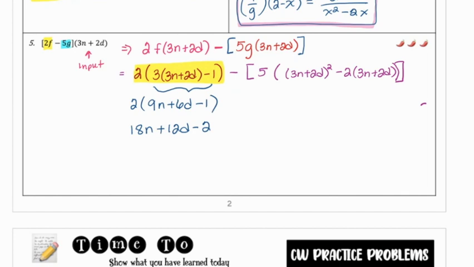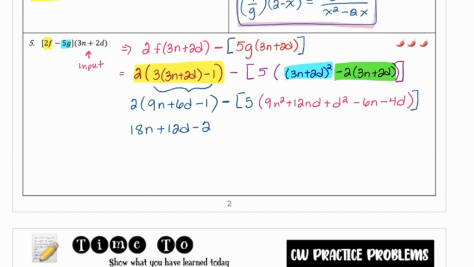Now that I have that, what I'm going to do is the g function. So I'm taking away 5 times. But I have to be careful again, because I need to do all of this stuff inside the parentheses first. The foiling piece and that distribution piece before I distribute the 5. So I did do that.